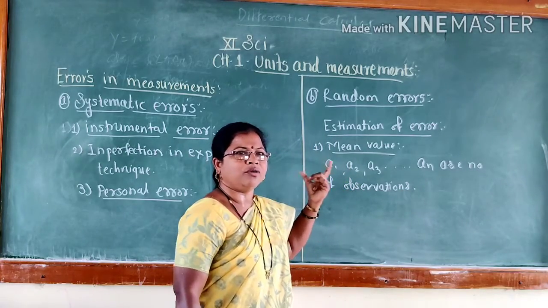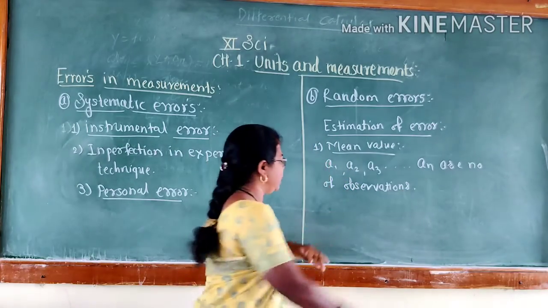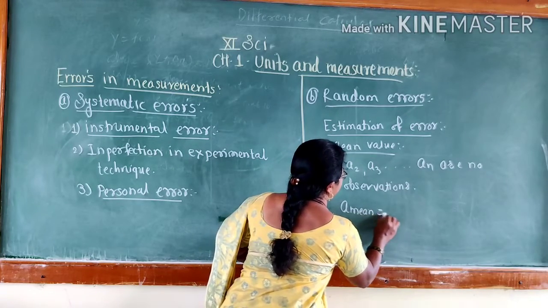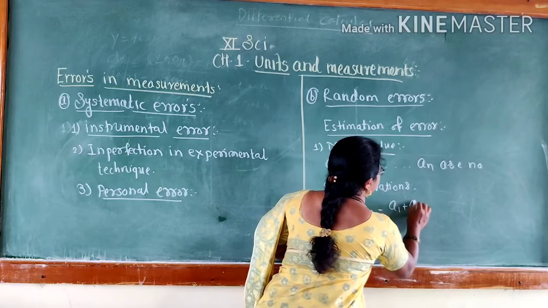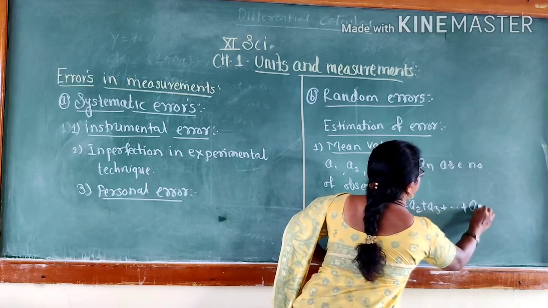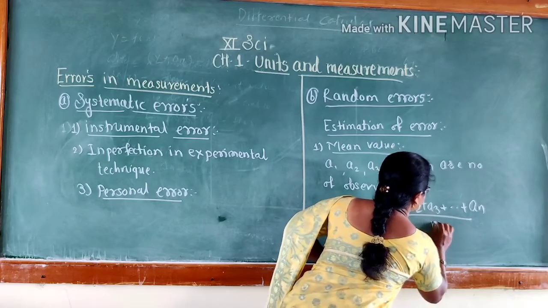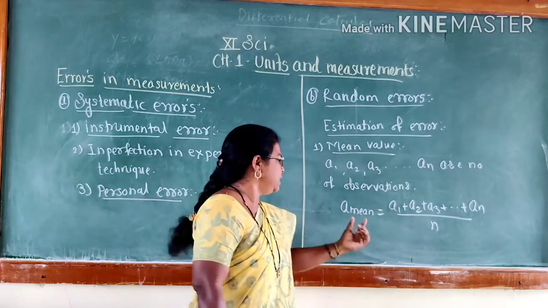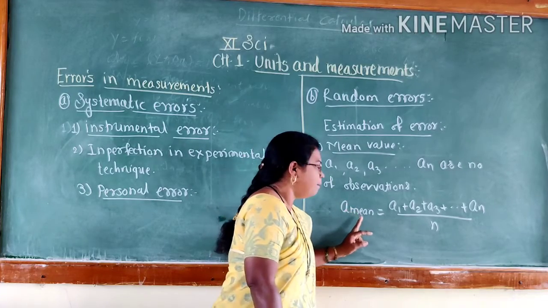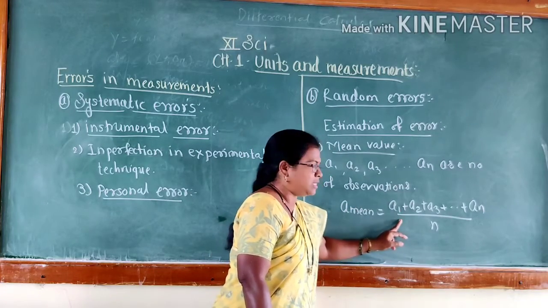Then how do we find the mean of them? A mean is equal to A1 plus A2 plus A3 up to An, divided by n. It is the mean value. Therefore, we can take the mean by using this.